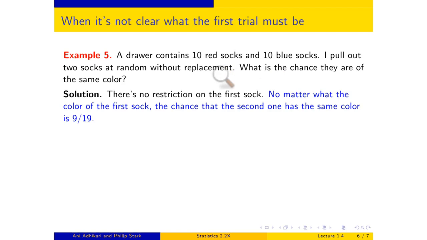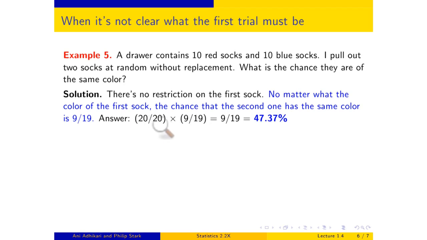And that is quite helpful, because that allows me to say, the first card can be anything. I have 20 cards, I'll accept all 20 of them. So that first fraction is 20 out of 20, it's just 100%. I'll take 100% of the cards the first time around. No matter what I've got the first time, the second time I have 19 cards, of which 9 are of this color.